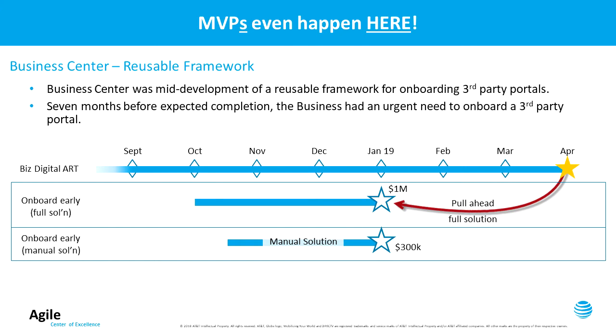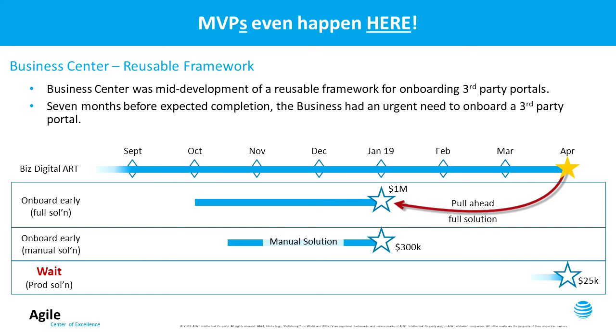The third option would be to wait, to defer compliance if that were possible, and take advantage of the reusable framework as designed in April of 2019. The benefit of doing that is that the price tag of onboarding in April, once that reusable framework is available, is only $25K. So the business went back to the customer, evaluated the compliance requirements, and the choice was that manual solution.